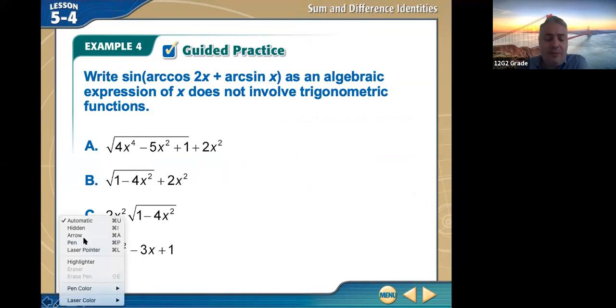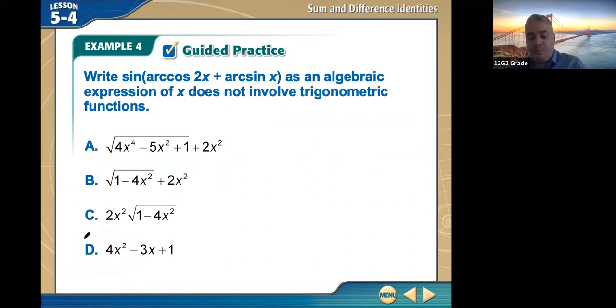When the break time comes, you can tell me. Now, let's say this is alpha. Let's call this beta. Two different angles, okay? So what can I say?